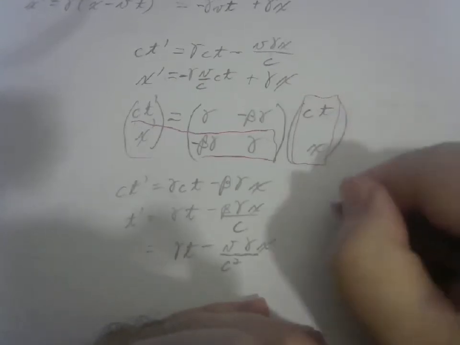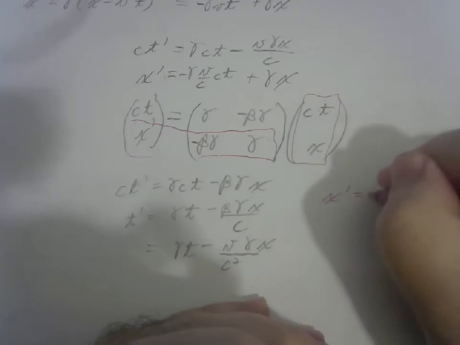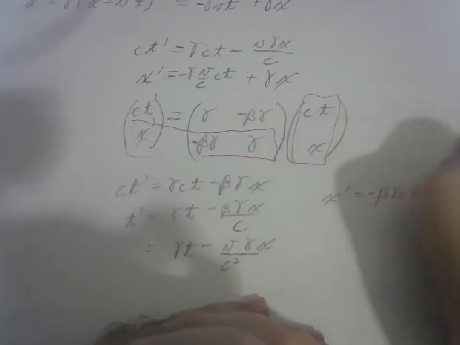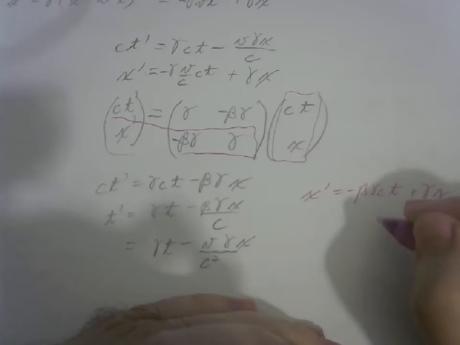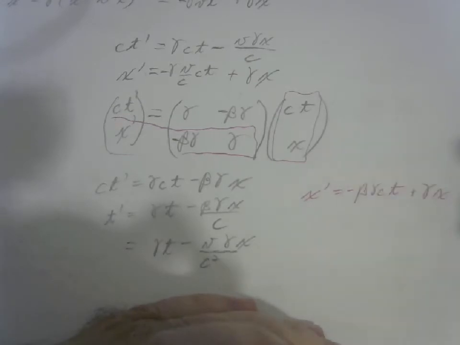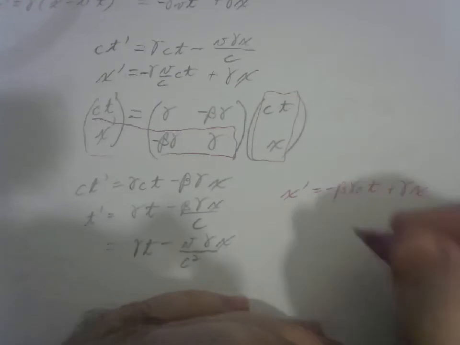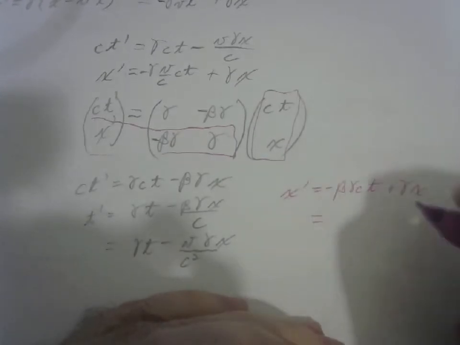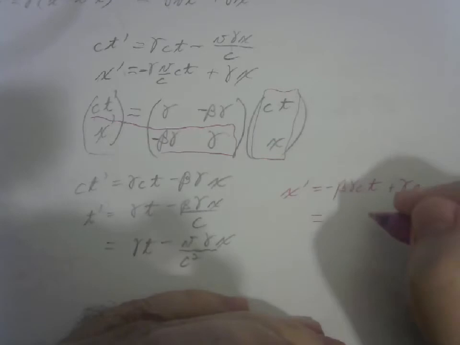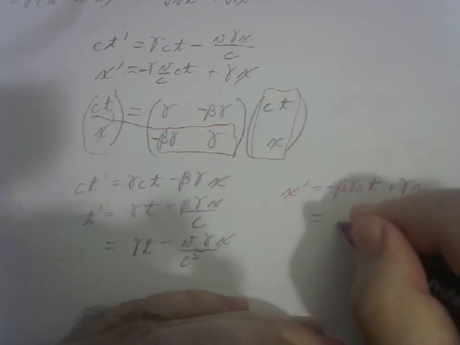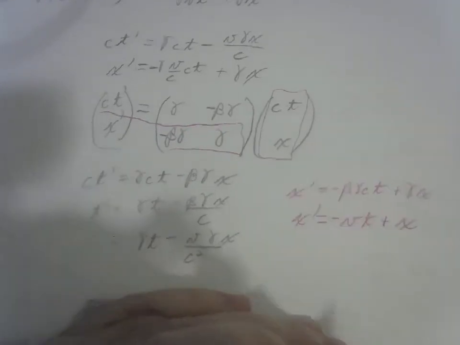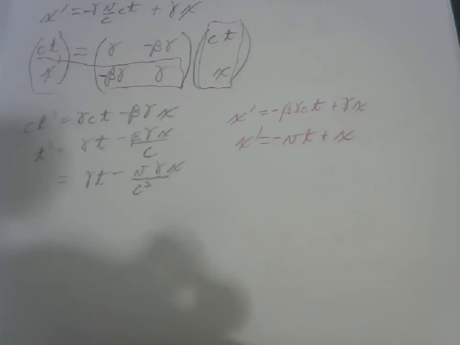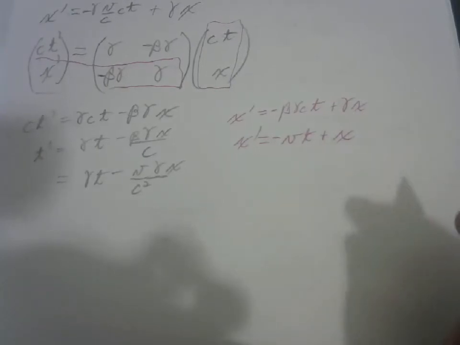He does so by looking at x prime equals negative beta gamma c t plus gamma x, and finding that when he plugs in gamma equals 1, which is his way of saying we are at low speeds, that beta gamma c t goes to v t, minus v t plus x, and boom, voila, the x prime part reduces to the Galilean transformation.